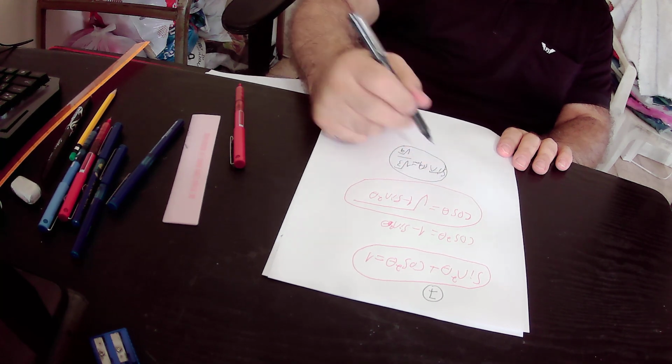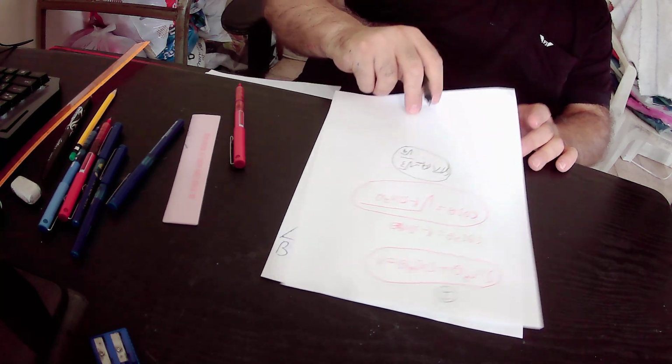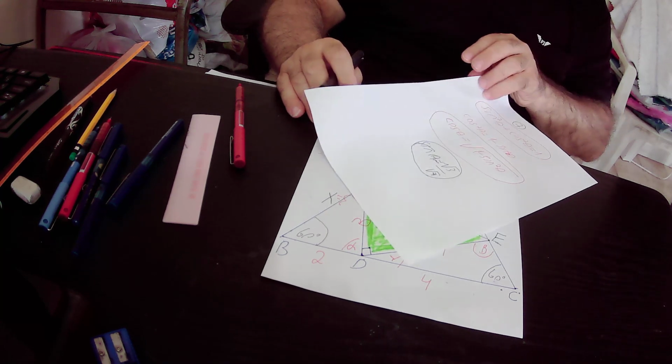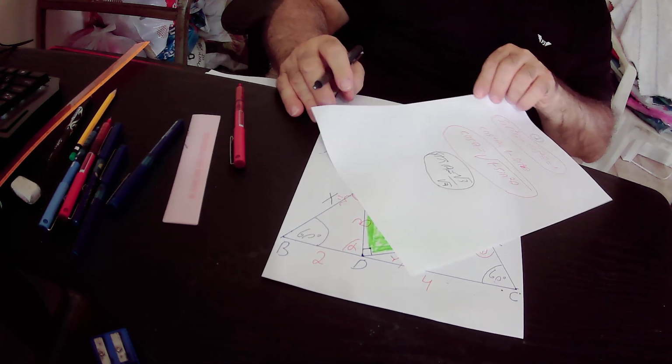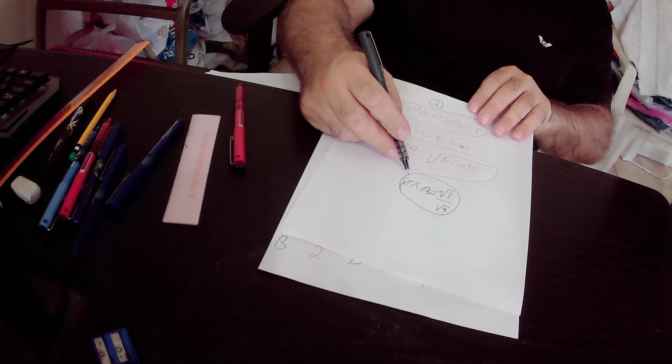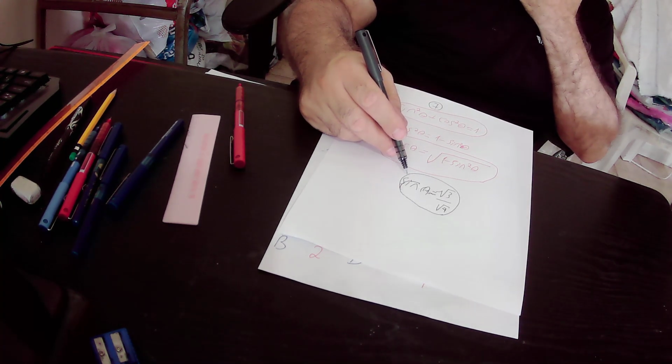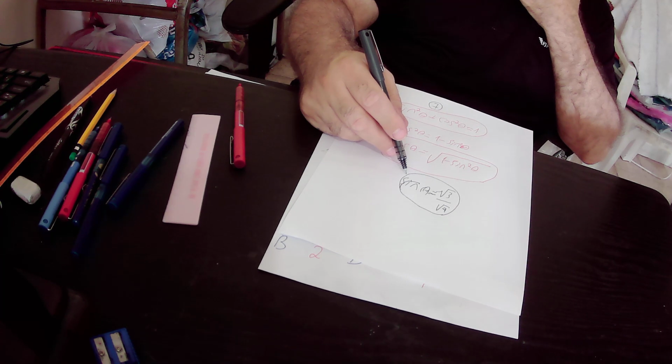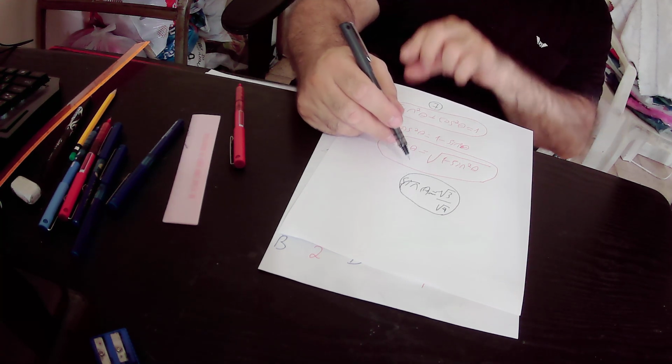The value of sinus theta equals root 3 over root 7, so we will square this equality in order to find out the value of sinus theta squared.